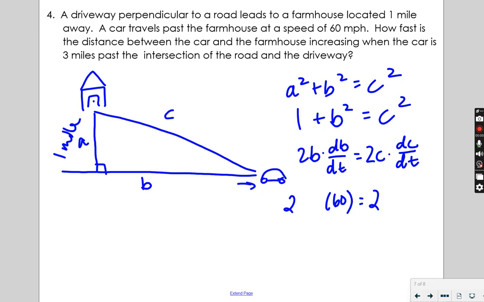How fast is the distance between the car and the farmhouse increasing? So this is what I'm solving for, dC/dt. Wait, do you get rid of 2B when you do that? No, I haven't plugged in the value for it yet. The car is 3 miles past the intersection of the road. So where do I plug the 3 in?